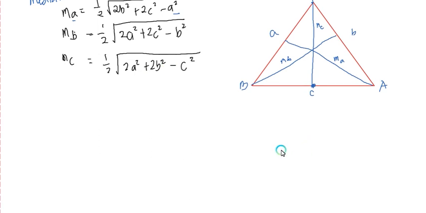Next, another special line of a triangle is your angle bisector.